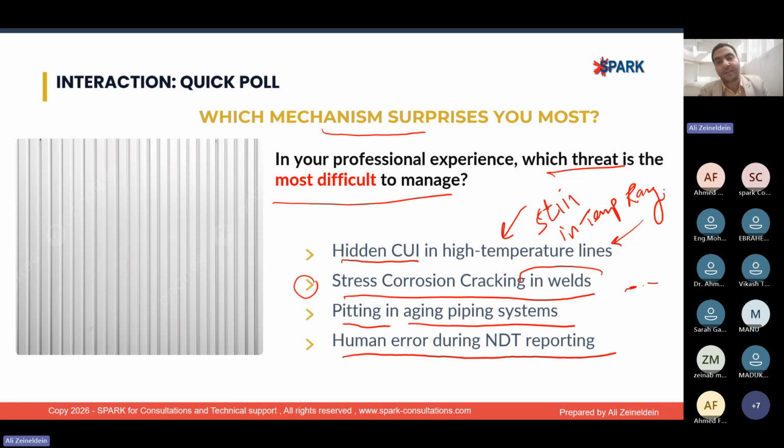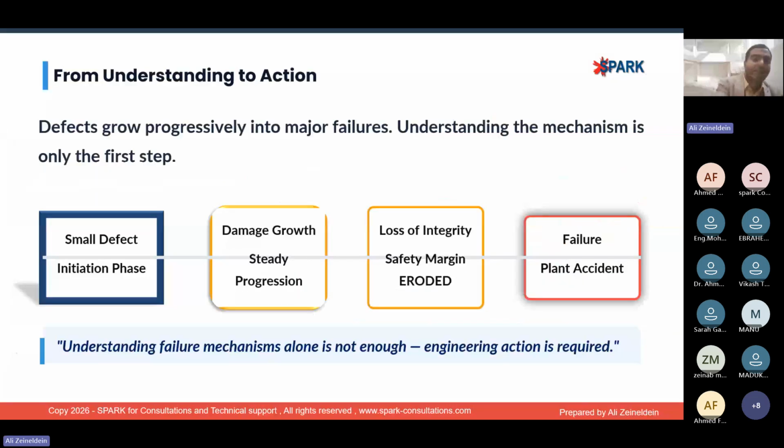It will be affected in operation. Here, the chain started from a small defect initiation, then this damage propagates and grows. This is a steady progression.